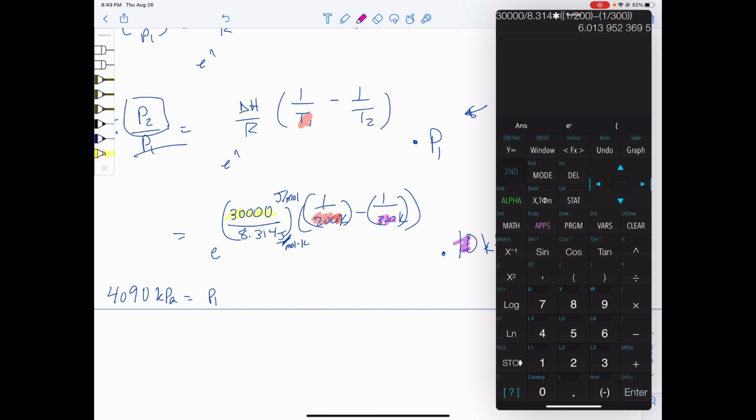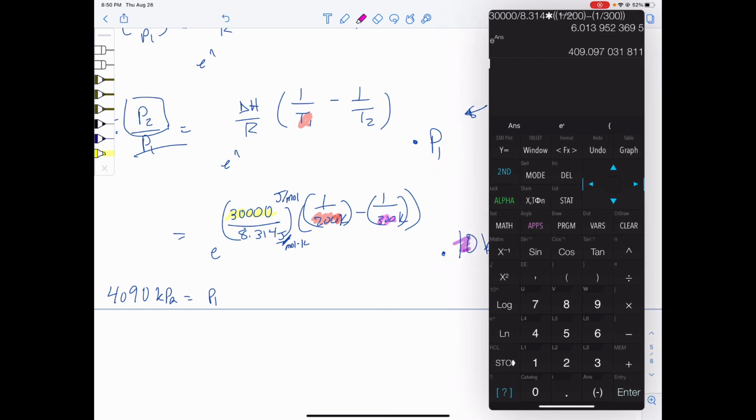Now I'm going to use my little E key, and this calculator lets me use the answer. So it plugs in the most recent answer you just solved for. So that's going to be plugging in that 6 number into the E, and it saves it to lots and lots of decimal places. So that's really nice. And then don't forget the 10 over here.